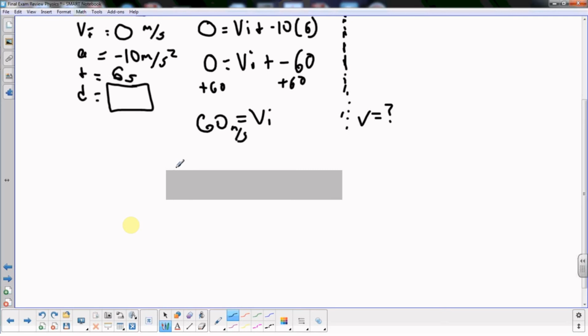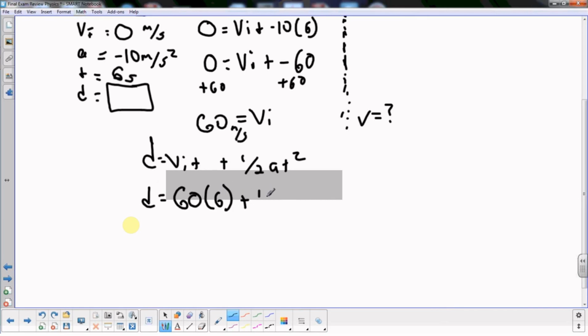So let's go ahead and do that. D equals VIT plus 1/2 AT squared. Our distance is what we're looking for. Our initial velocity was 60 meters per second times our time of 6 seconds plus 1/2 negative 10 t squared. You could do VF squared equals VI squared plus 2AD too. I'm just doing it this way.